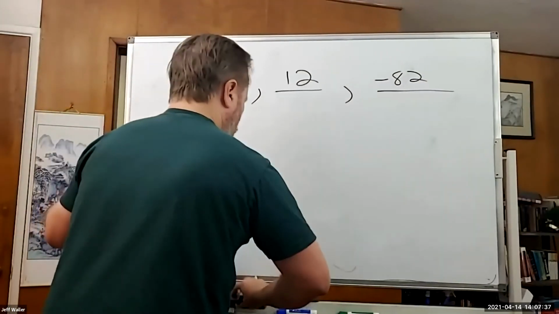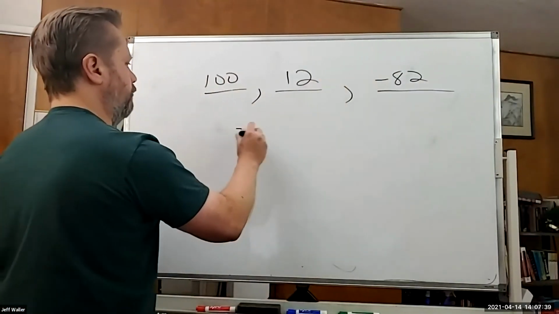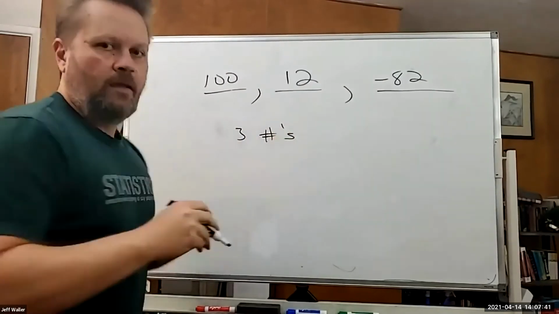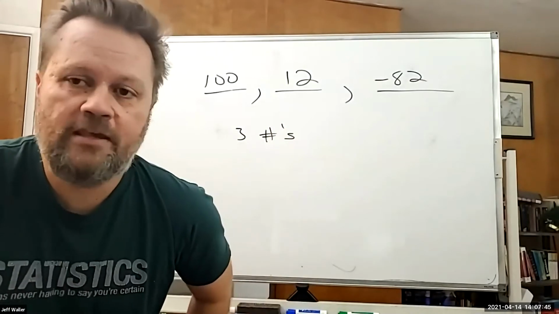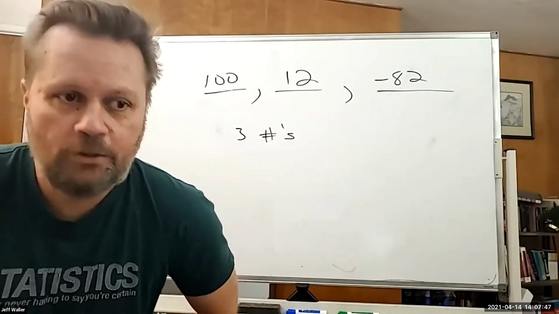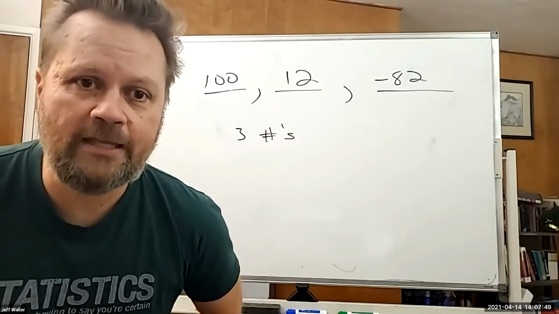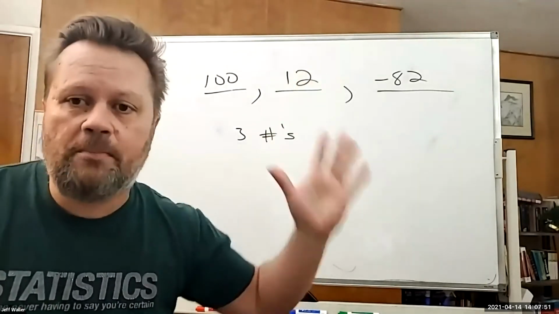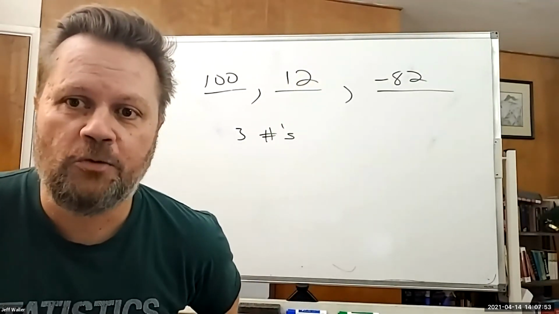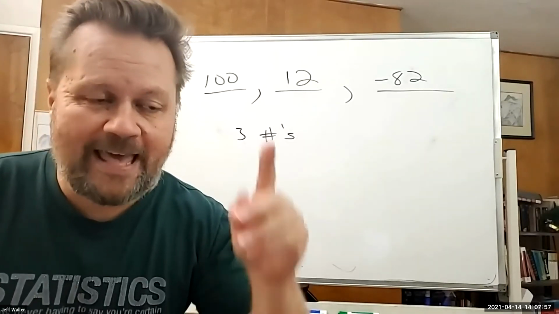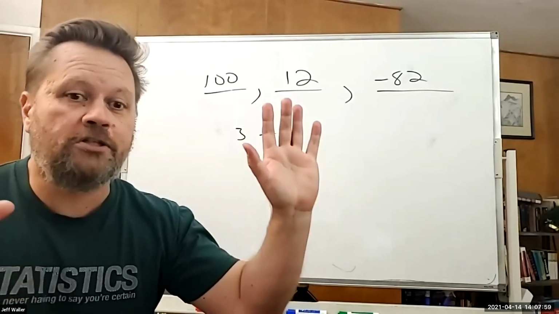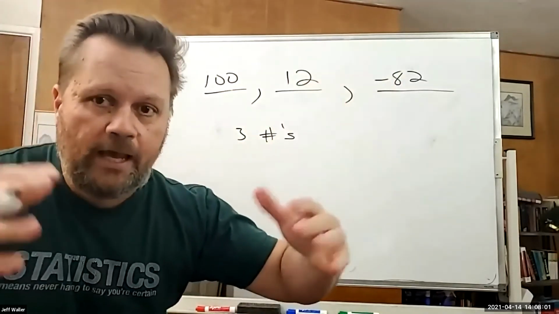If I have 3 numbers, how many of them was I free just to make up without thinking? 2. If I had 28 numbers, how many could I just make up? 27. It's that last number where the party's over, and we have to be serious.